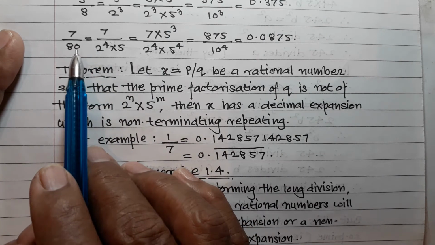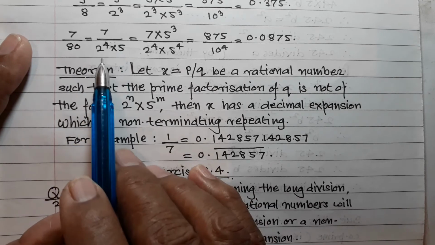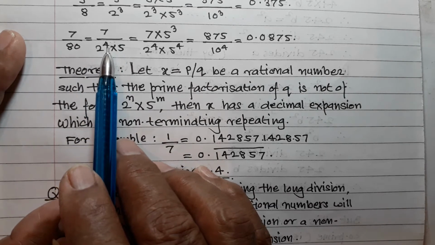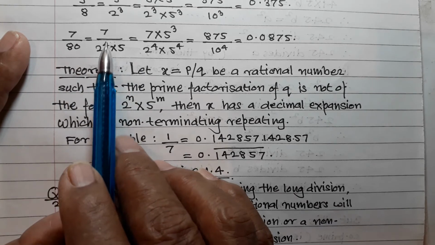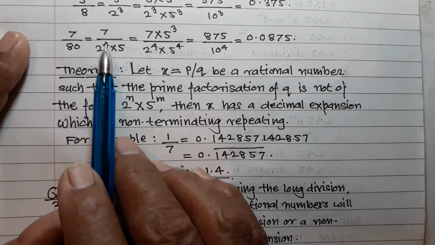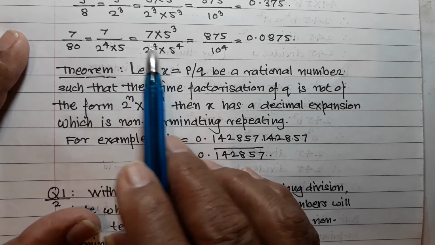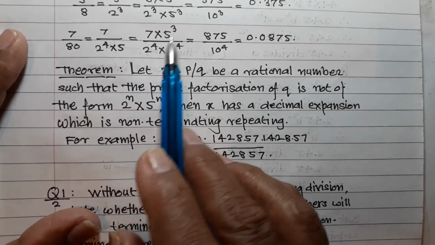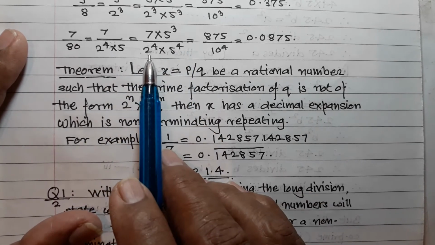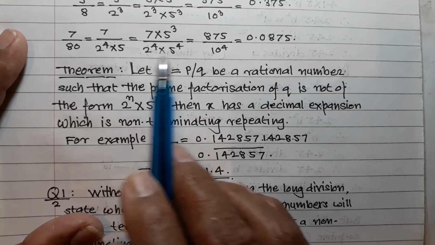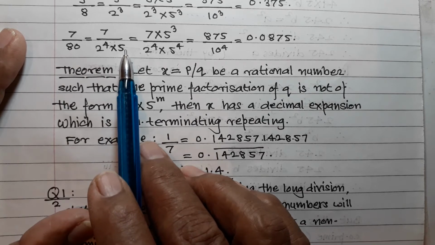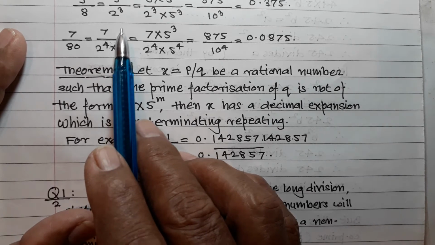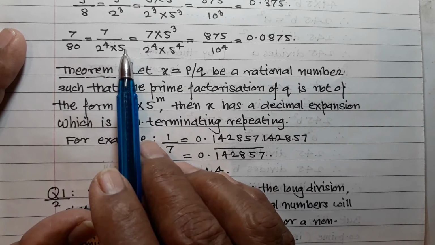7 upon 80 is equal to 7 upon 2 raised to 4 into 5. So 2 raised to 4 means 16, into 5 is 80. 2 raised to 4 into 5 is equal to 7 into 5 raised to 3 upon 2 raised to 4 into 5 raised to 4. So here 5 raised to 1 is there, so I multiplied by 5 raised to 3 and 5 raised to 3.